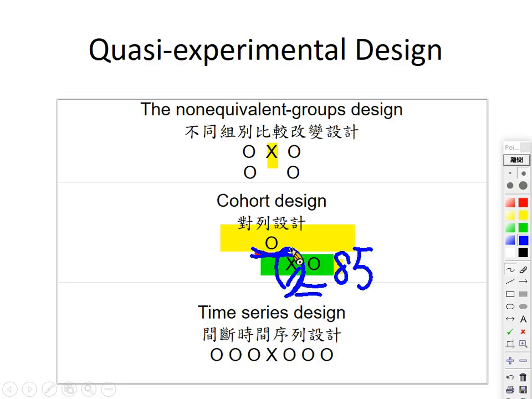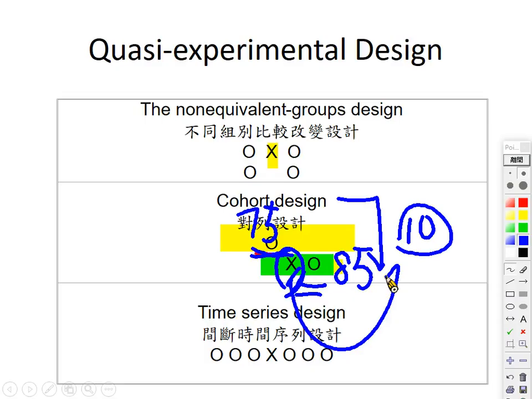So they have their score. Suppose their score is 75. So 75, and our new method produces 85. So we can roughly know the difference of 10 points reflects some of the effects of the treatment. Is that right? So we can compare.